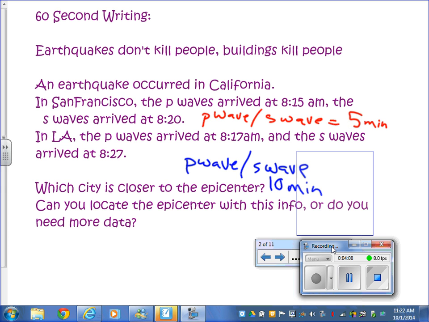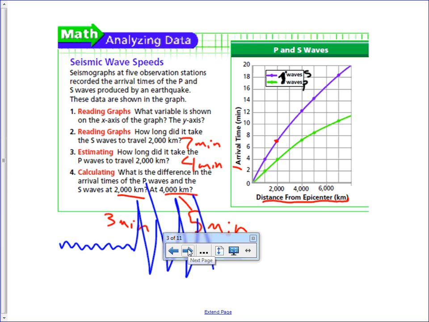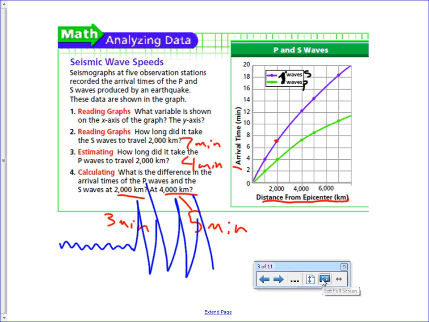But with this added information, you can actually also figure out how far away it is. Now there's one more piece of information we need, which is how do you know how fast they travel? So check this out. This is one of those nice times in science that you actually just look it up on a graph. This is the P wave and S wave data. The arrival time in minutes, P wave, S wave.